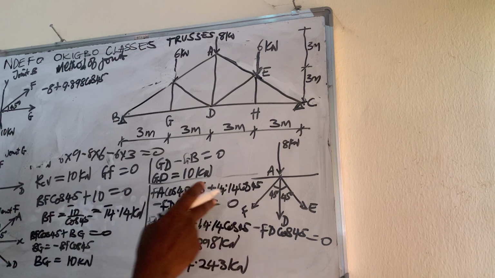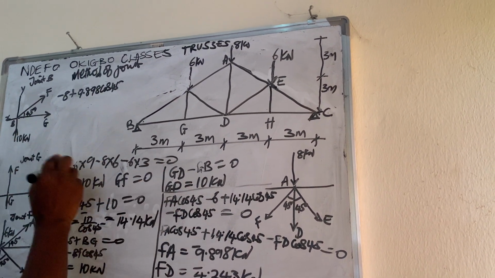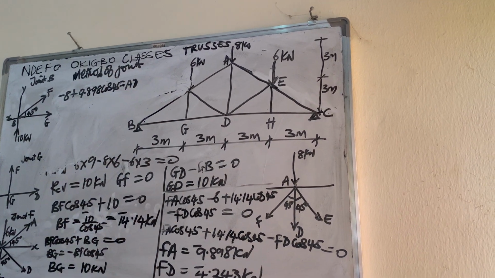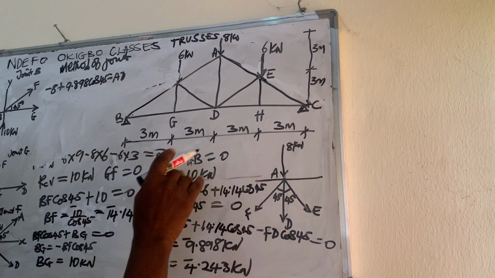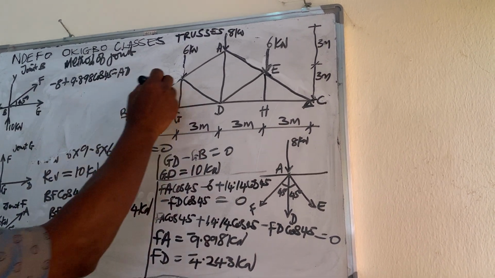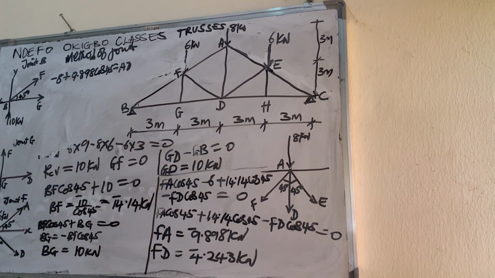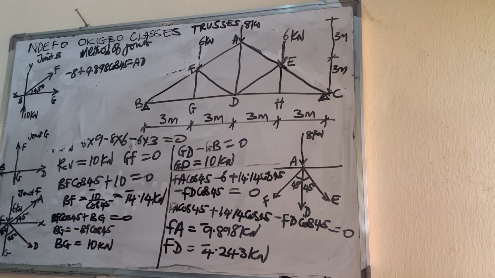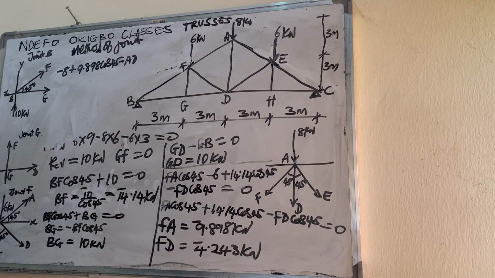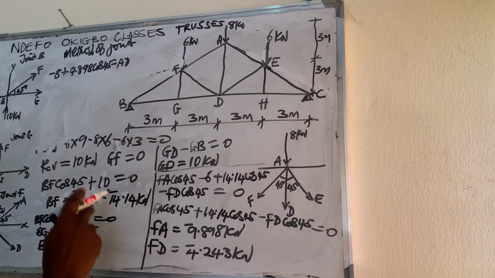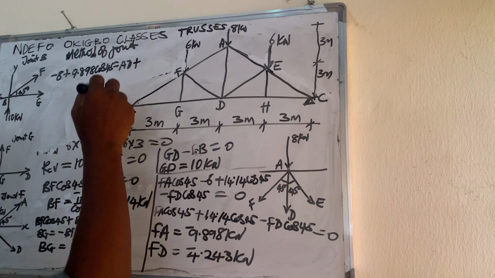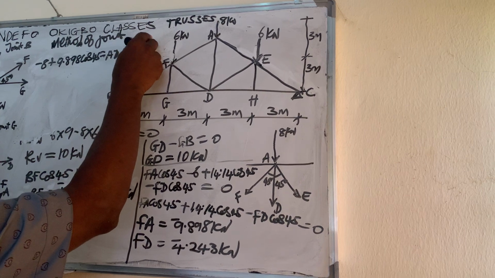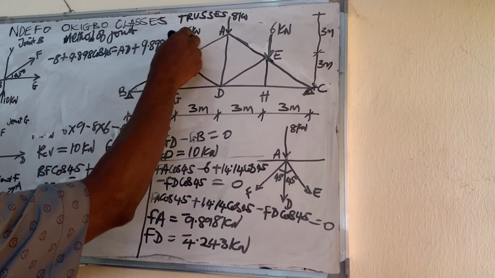Then AD is what we're looking for. So minus AD. AD is vertical, so it doesn't need resolution. Then AE, which is something like FA, so minus AE cos 45, which is plus again because FA is minus, 9.898 cos 45 equal to 0.